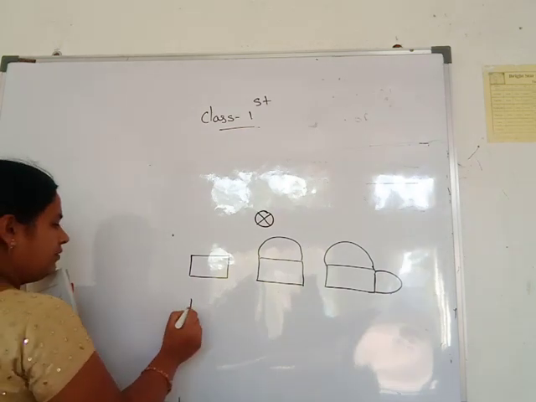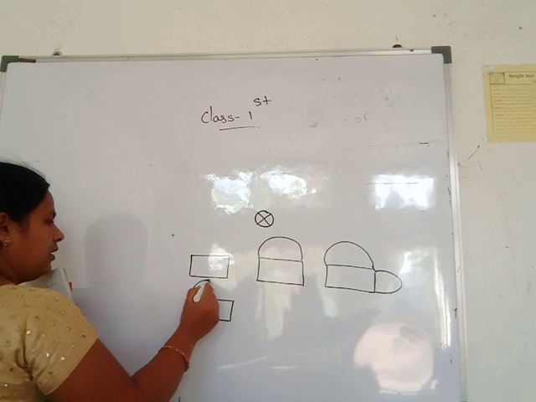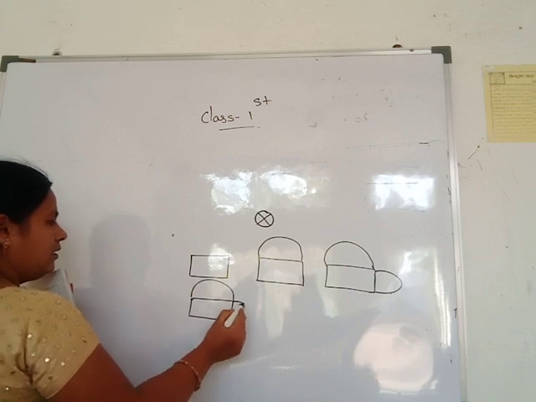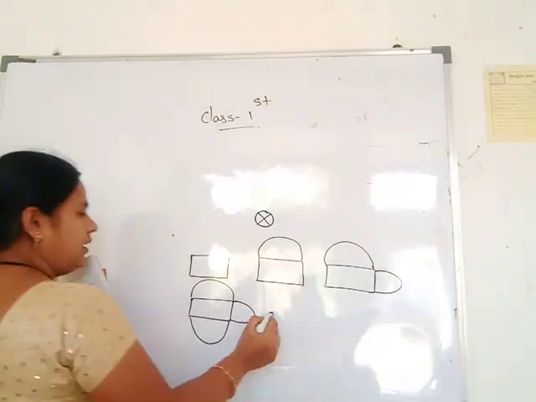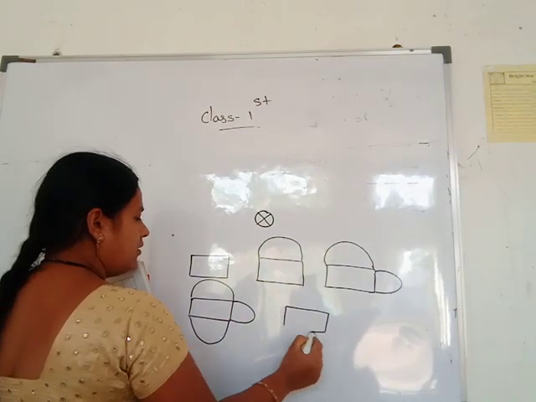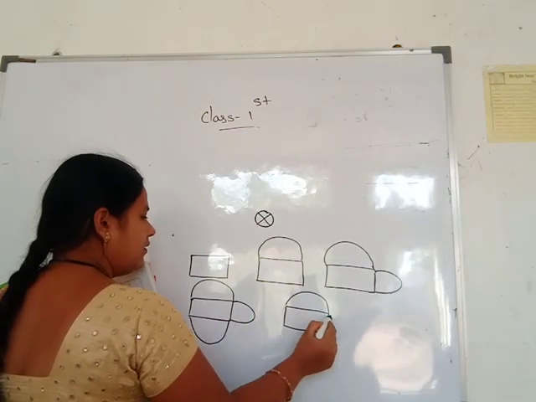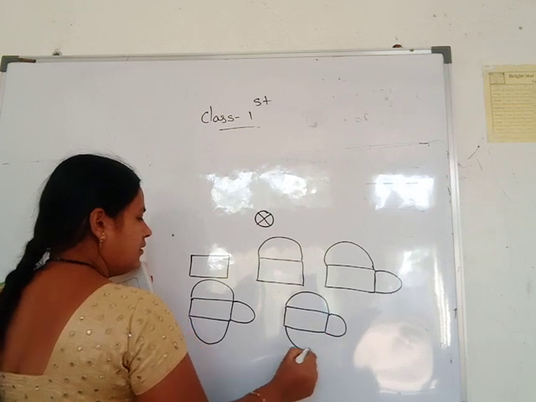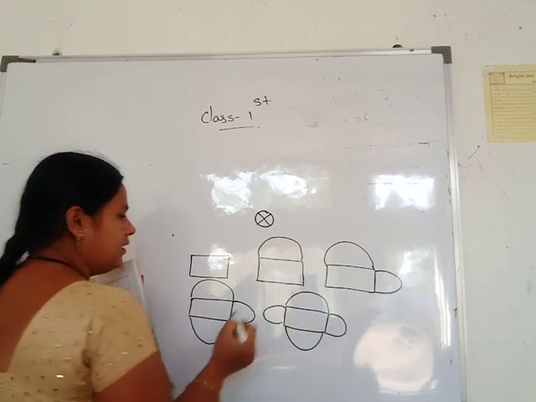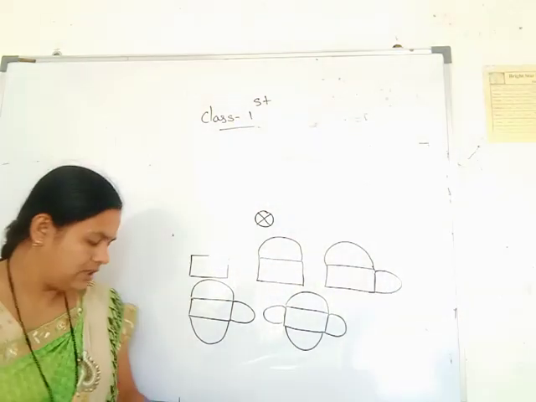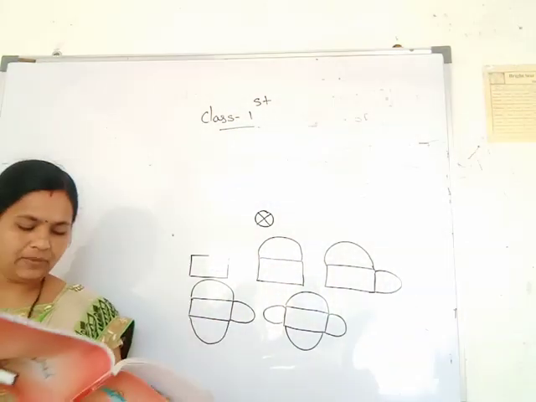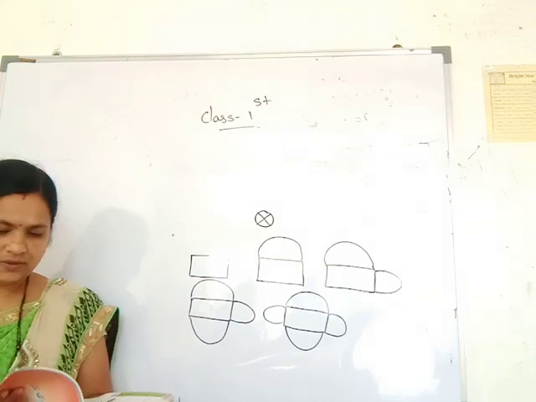Then again in the fourth box you see, draw here, also draw here, and here you complete. Then in the next box you complete all in this type. In these two empty boxes, in this type of pattern you draw.